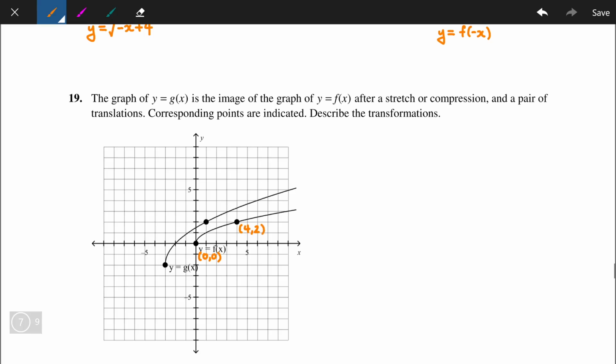And in the new graph, we have the points -3, -2, and also 1, 2. Okay. So the point going from 0, 0 to -3, -2 tells us that 2 of the transformations were left 3 and also down 2.